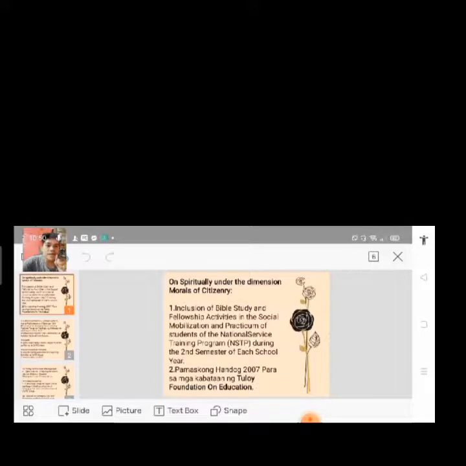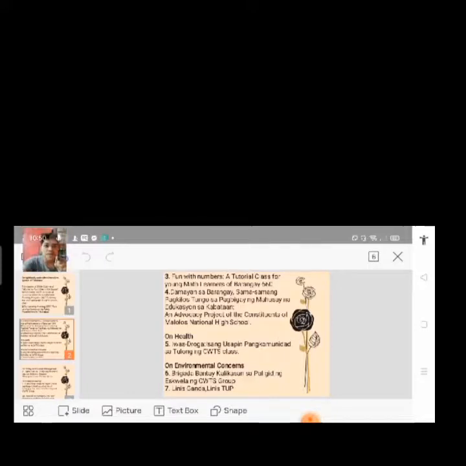Second, Pamaskong Handog 2017 para sa mga kabataan ng Tuloy-Tuloy Foundation on Education. Third is Fun with Number, a tutorial class for young math learners of Barangay 660.